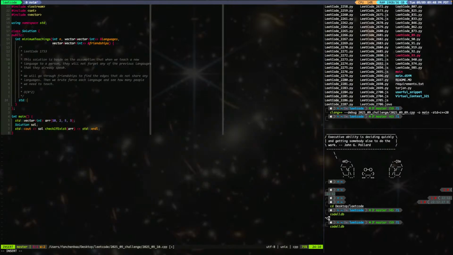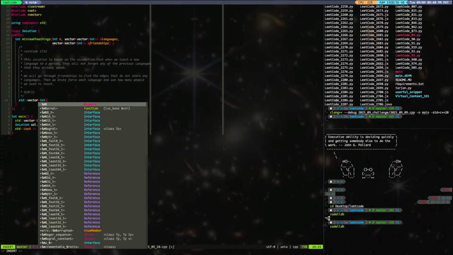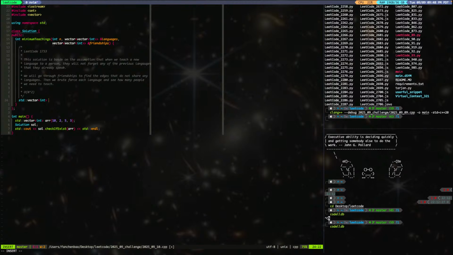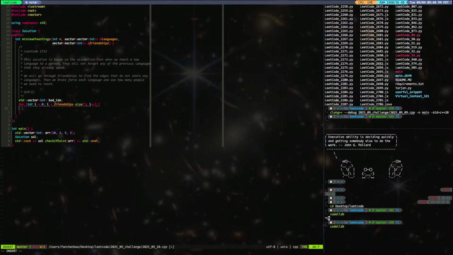So we will have a vector of int. This is the index of no communication, so bad index. So we say for int i = 0; i < friendship.size(); i++. So I need to decide if... right?